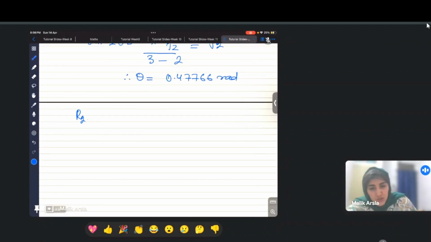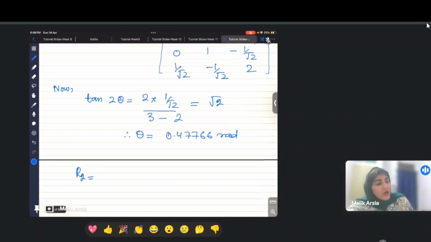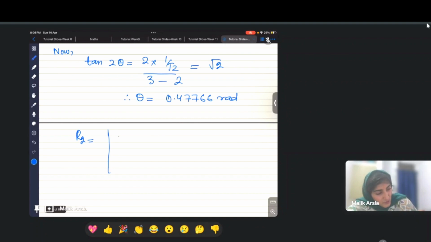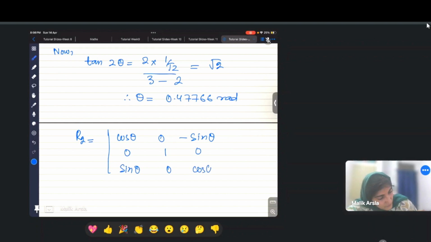When you find R2, here also the rotation will be in the 1 and 3 positions only. So it will be cos theta, 0, minus sine theta; then 0 1 0; then sine theta, 0 and cos theta.